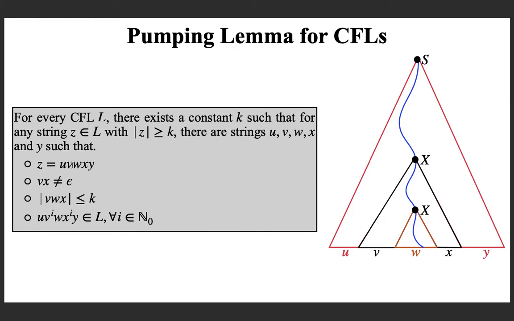The concatenation of v and x cannot be the null string, the length of the string vwx must be less than or equal to this constant, and for all i, u v raised to i w x raised to i y must be in the language.